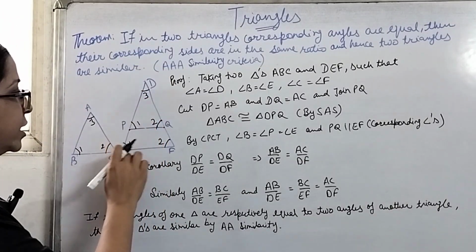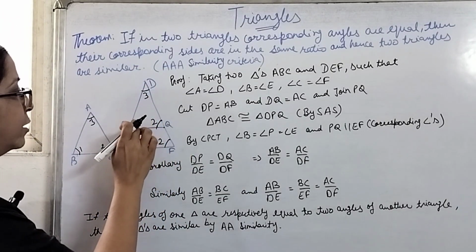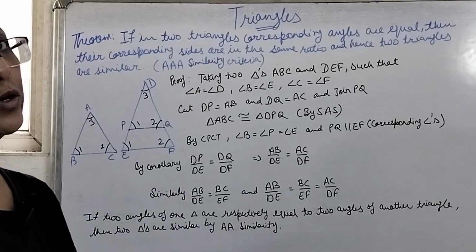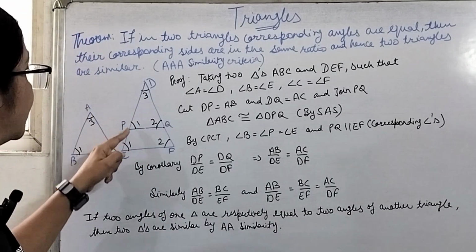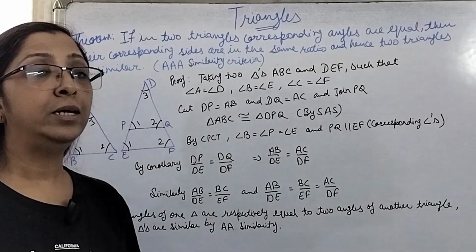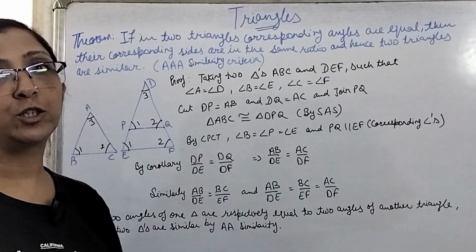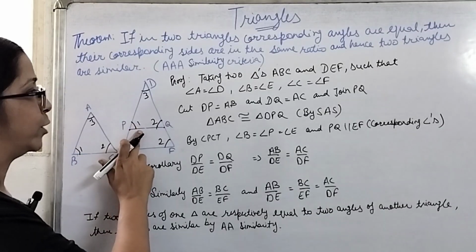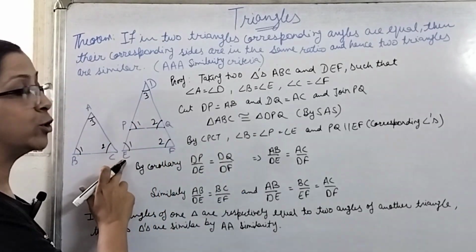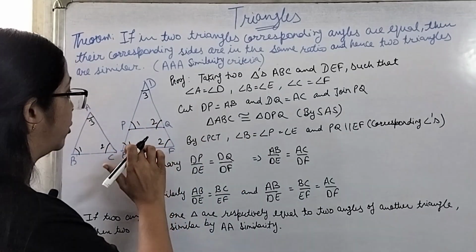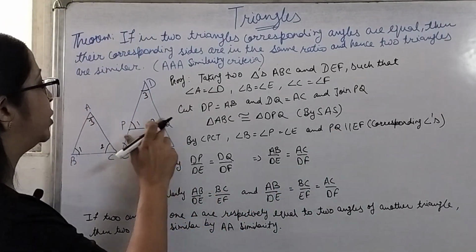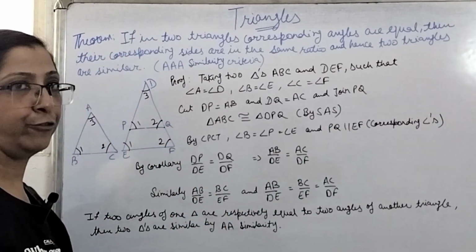Now if we look at this, both angle 1 angles are equal and they are corresponding angles. If corresponding angles are equal, then the lines are parallel to each other. So by CPCT angle B is equivalent to angle P, and it was equivalent to angle E. Because corresponding angles are equal, PQ will be parallel to EF.